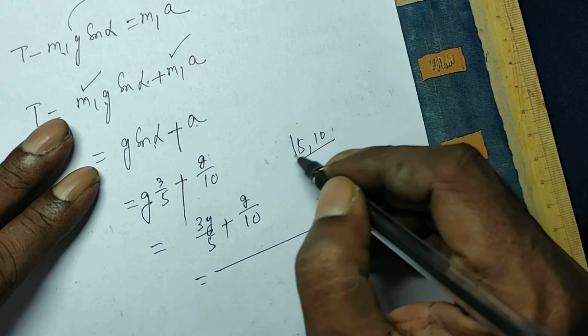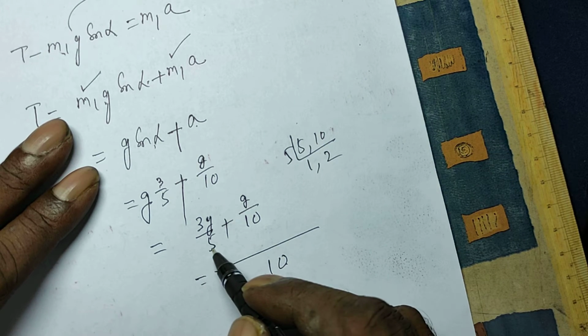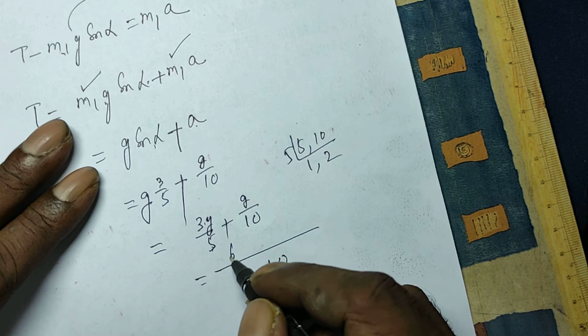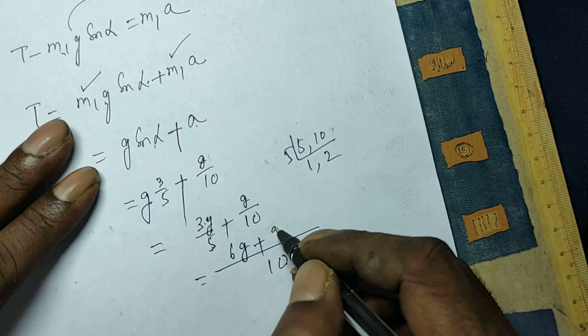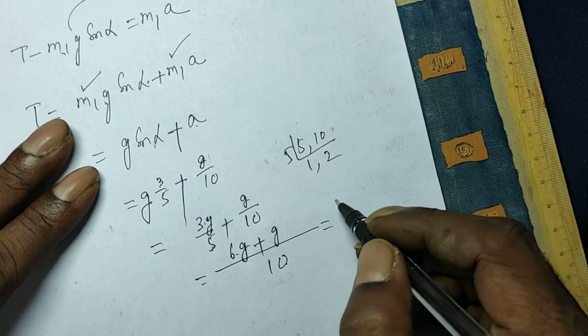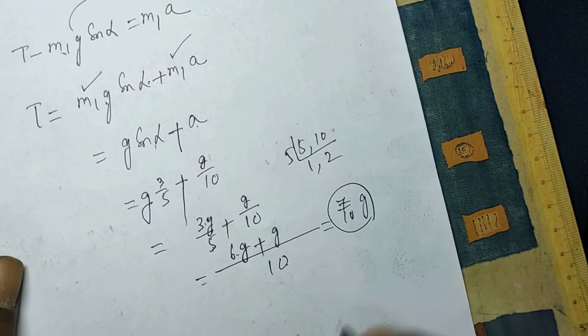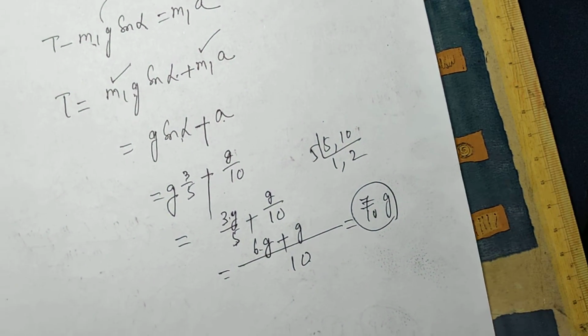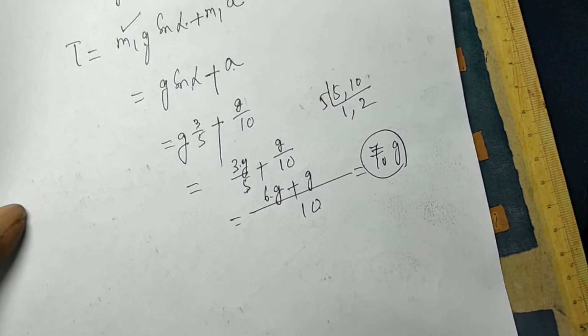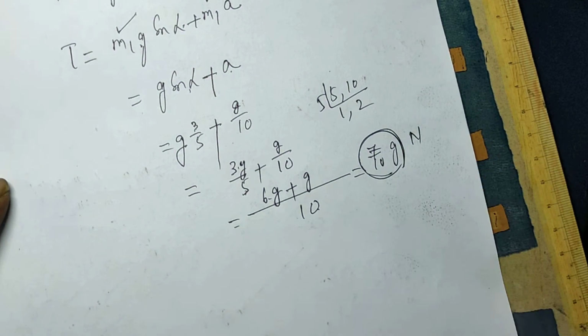LCM is 10, 10 divided by 5 is 2, 2 times this, that is 6g plus g, 7g. So 7 by 10 times g is your tension in the string. If you wish, you can put the value of g also, so this much of Newton.